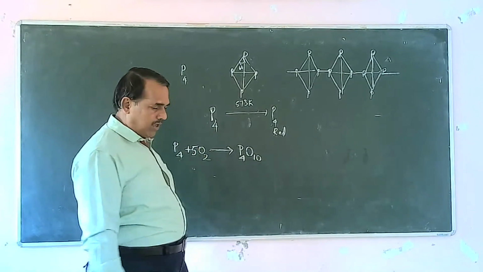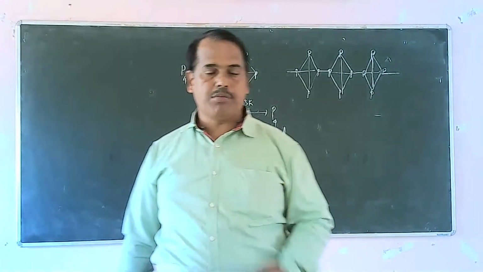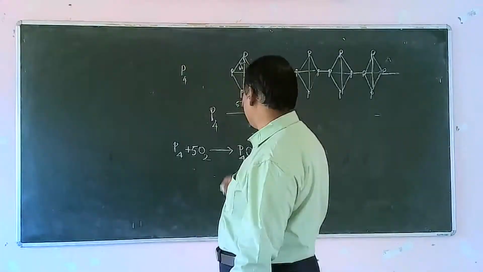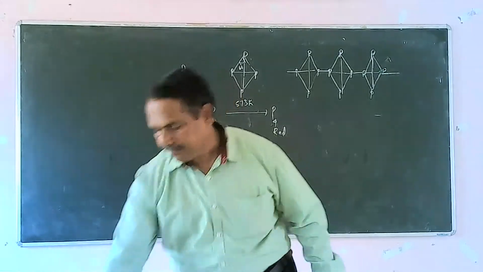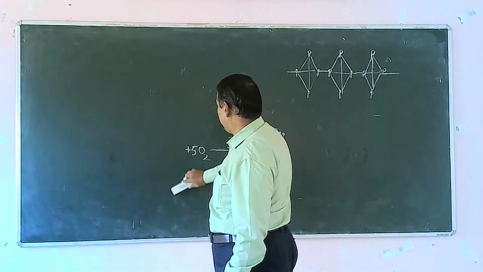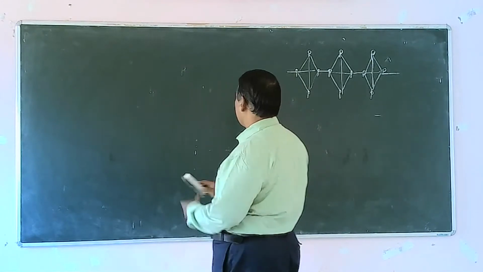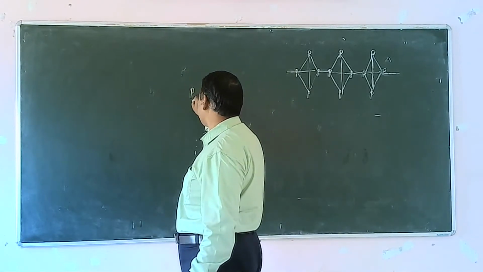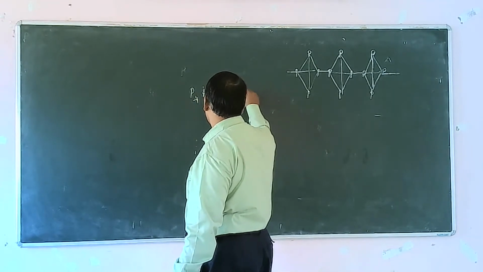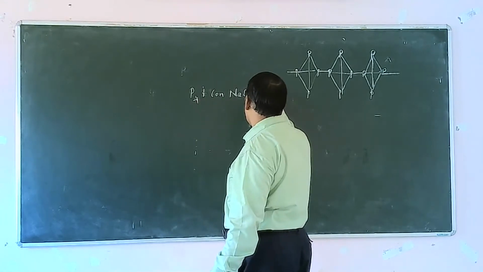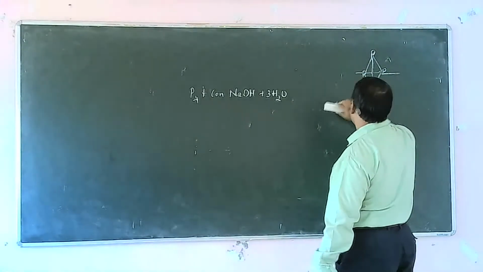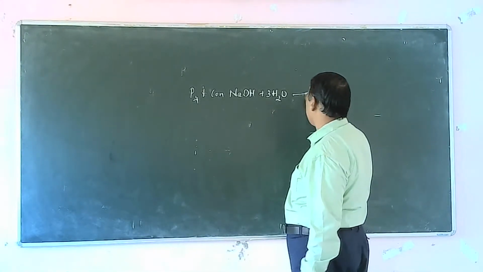Okay. So you have to remember one important chemical property of white phosphorus. When P4 is boiled with a concentrated solution of NaOH, along with 3H2O, phosphine gas is prepared.